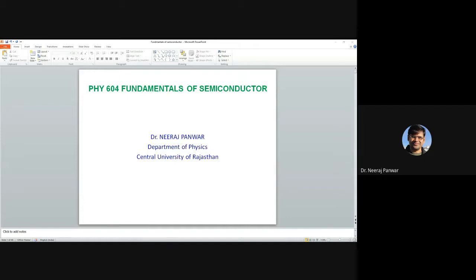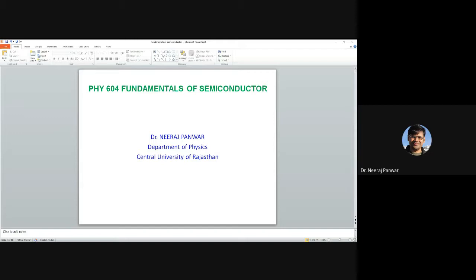And direct and indirect band semiconductors, wide band semiconductors, degenerate and non-degenerate semiconductors, amorphous semiconductors, magnetic semiconductors, and Hall effect in semiconductors.